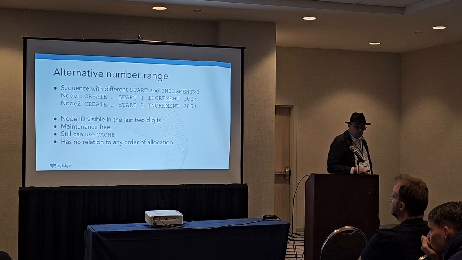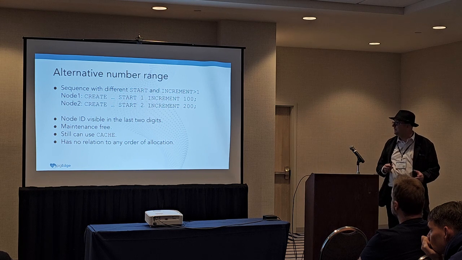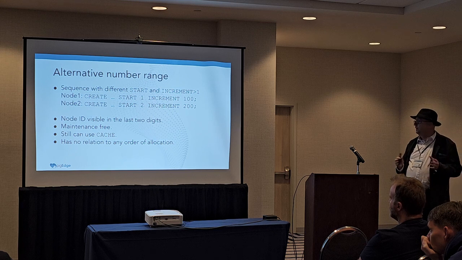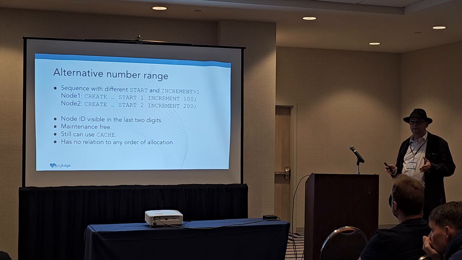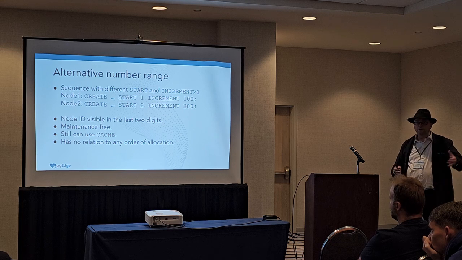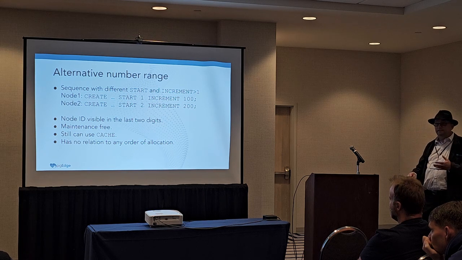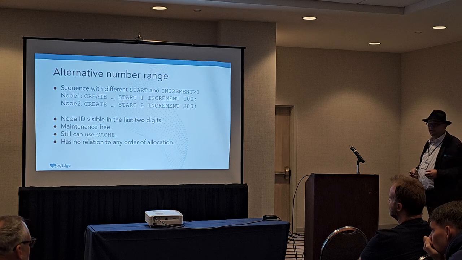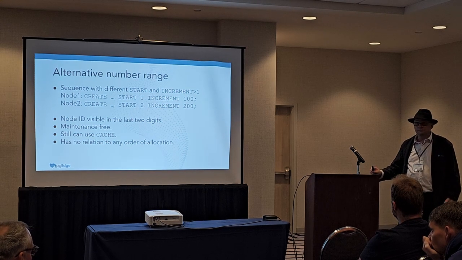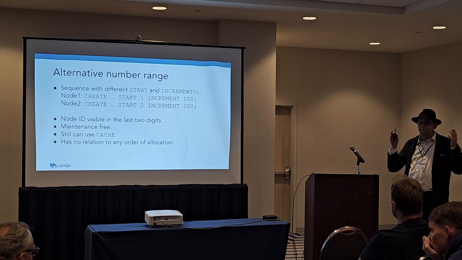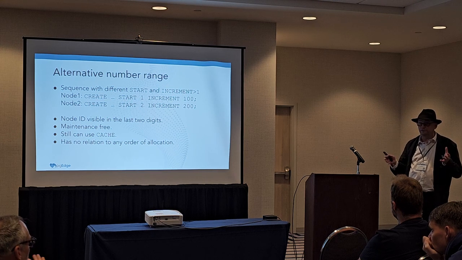What I don't get here is any kind of relation to the overall allocation. If one node allocates IDs at a rate of, let's say, 100 a day, and another one does 10,000 a day, I have no idea what the ordering could be.